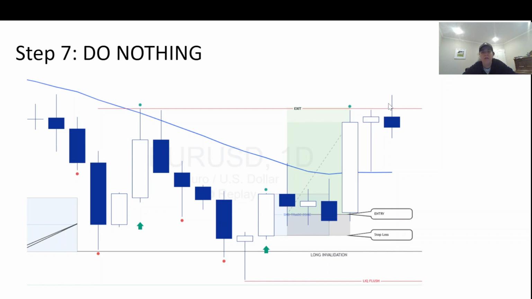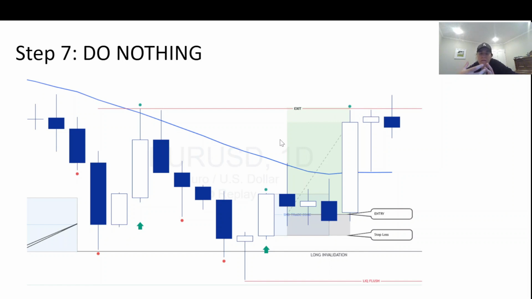They want to go and grab liquidity up here before they possibly come back down and grab more liquidity down here. They might come down and flush this afterwards. That's why we've got this exit here, but we're expecting it to run, then we're out.